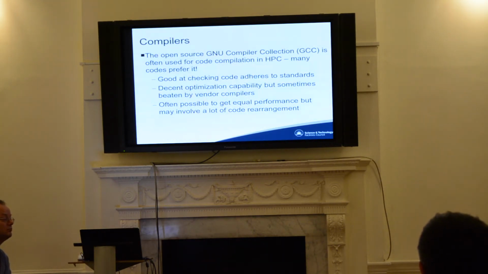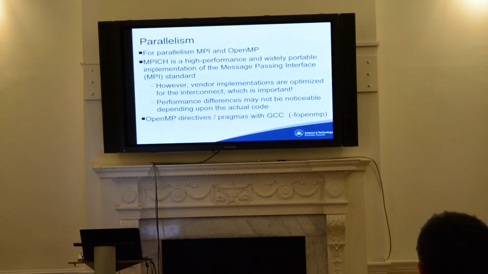So away from compilers, we'll move on to the next slide, please, Jeremy, and talk about how we implement parallelism within these applications. Generally, when you design an HPC application, you need to decide how the data is going to be distributed if you're using the distributed data decomposition.